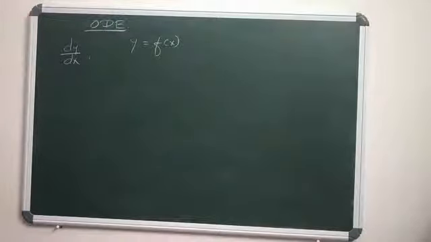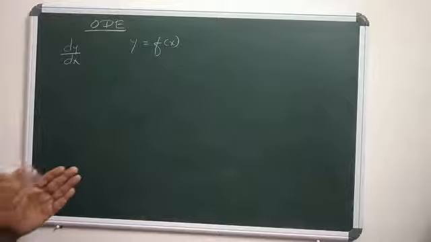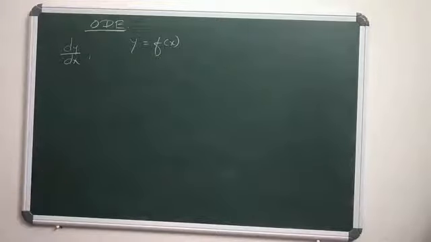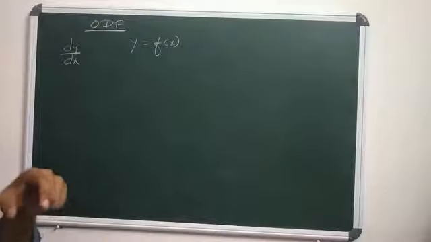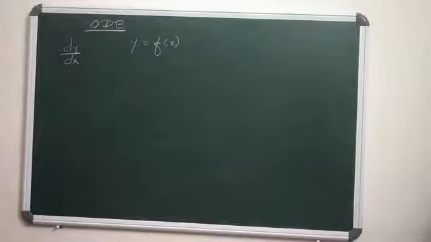Why? Because integral and differential are reverse operations. So how to solve a differential equation? A differential equation can be solved by integrating it, and an integral equation can be solved by differentiating the same.